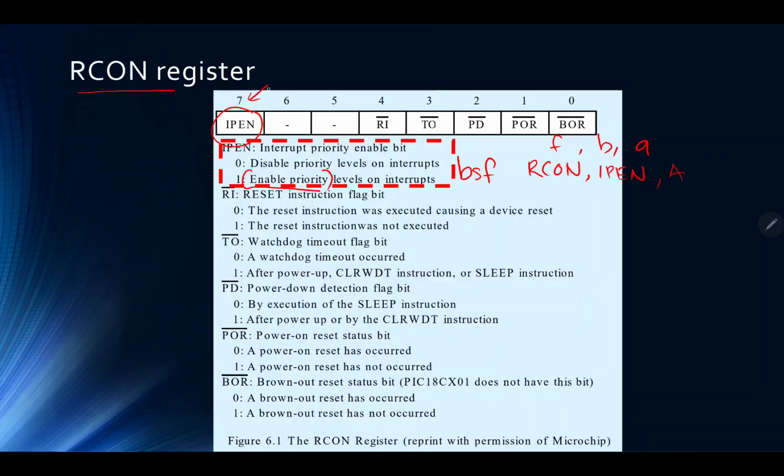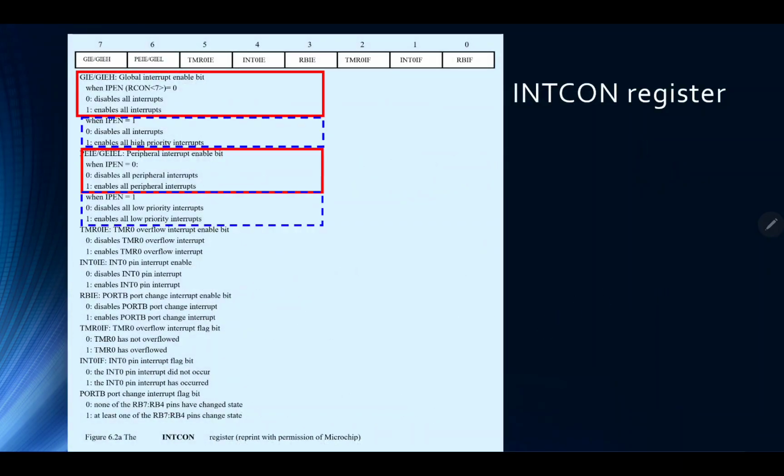So in the RCON register, the only thing that you are interested in is bit number 7, known as IPEN. IPEN stands for interrupt priority enable bit. If you make it 0, it will disable the priority levels on interrupts. If you make it 1, it will enable the priority levels. So in our case, what do we actually want to do? The question says no priority level, right?